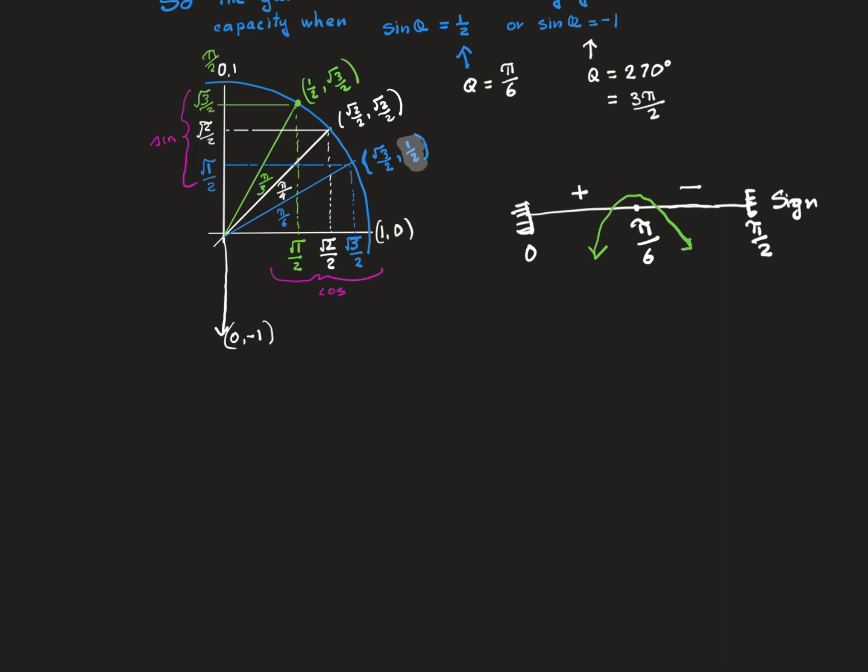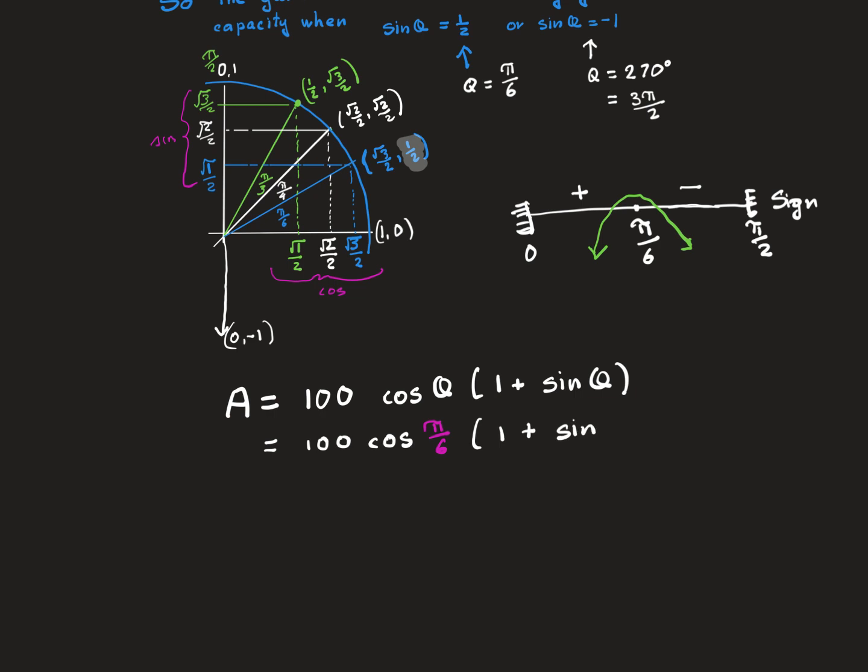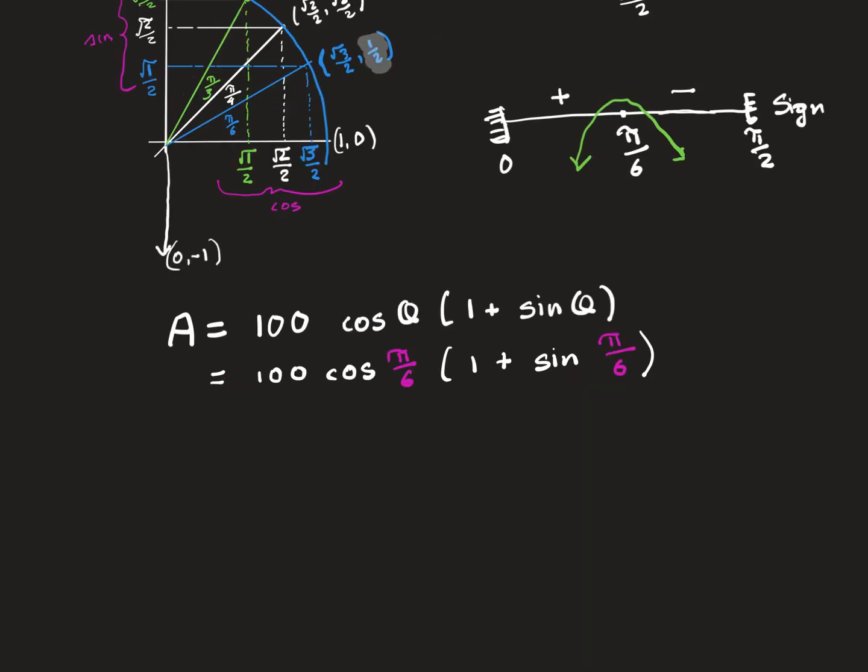So to look at the cross-sectional area, we'll go back to our original area and we'll just substitute for theta pi on 6. 1 plus sine pi on 6. And we've already figured out from above that cos pi on 6 is going to be root 3 on 2.